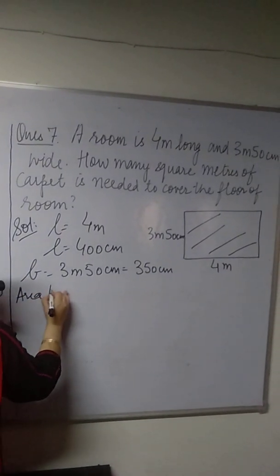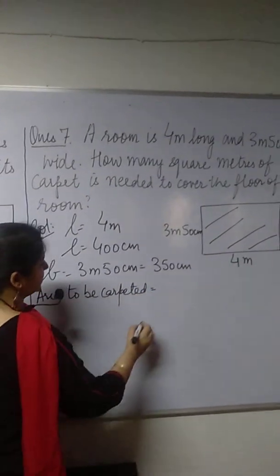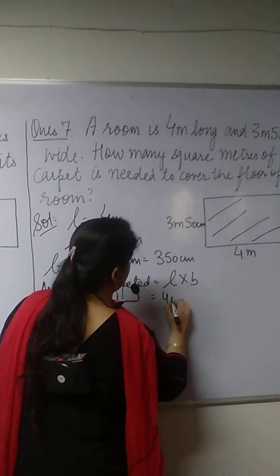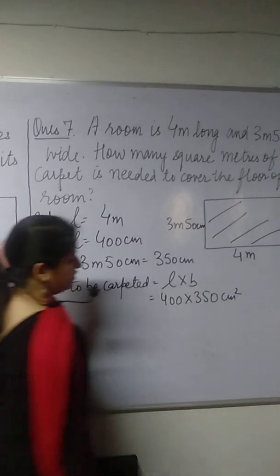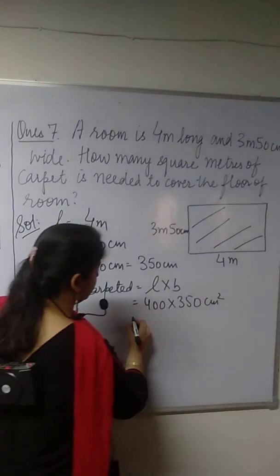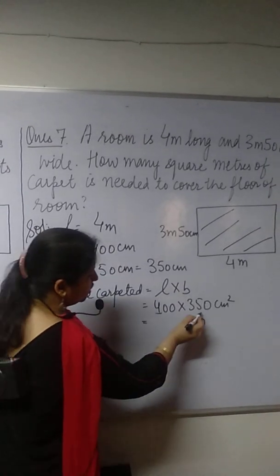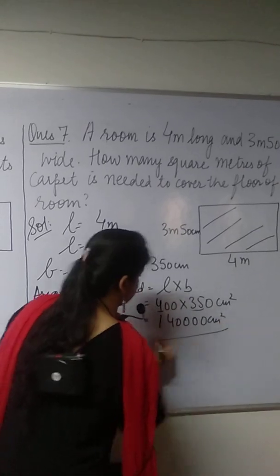Area to be carpeted is equal to area of the floor, that is area of rectangle, length into breadth, that is 400 into 350 centimeters square. So when you multiply, you will write first of all the 3 zeros, then 4 into 35, that is 140 centimeter square.